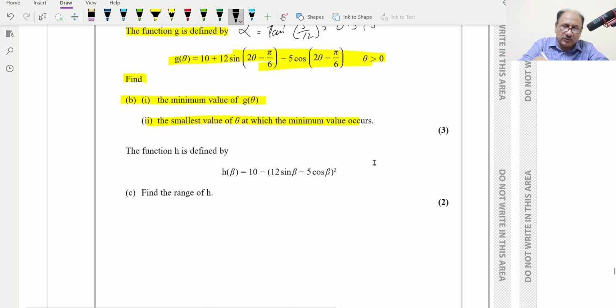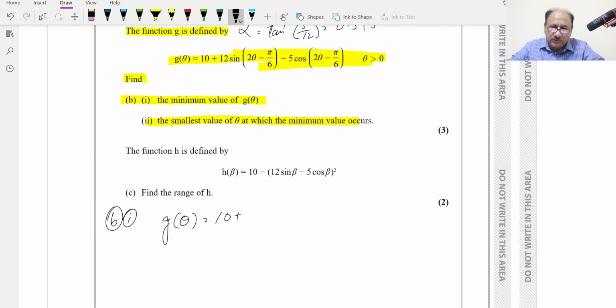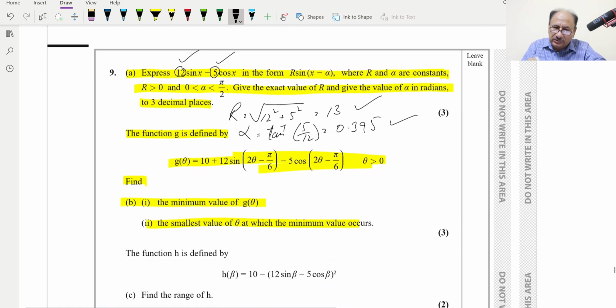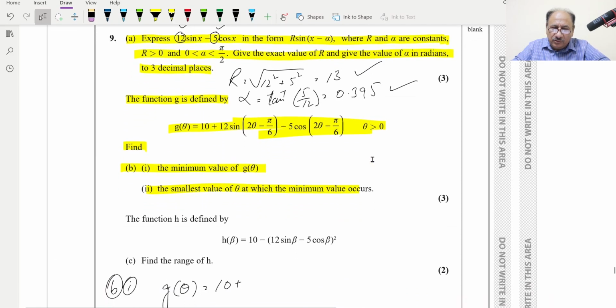So g of theta is equal to 10 plus the same thing, 13 sine of 2 theta minus pi by 6 minus alpha.